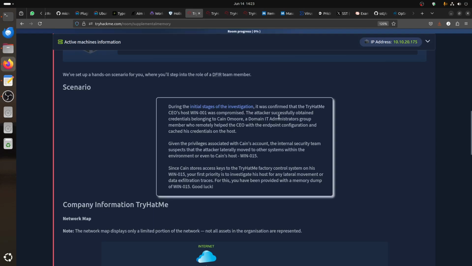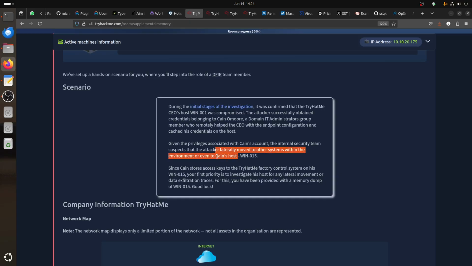So you can argue that somehow the attacker was able to access the CEO's computer and found the domain IT administrator group user Kane because it was cached. Given the previous compromise with the Kane account, the internal security team suspects that the attacker laterally moved to other systems within the environment, or even to Kane's host.